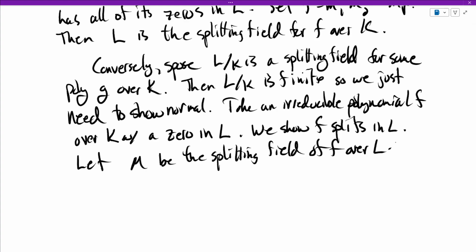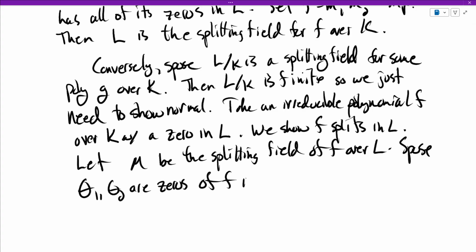So if it doesn't split entirely, we can enlarge L just a bit more to add in the remaining roots so that it does split. That's all that's saying. Let's suppose that theta 1, theta 2 are zeros of f in M. M has all the zeros of f.